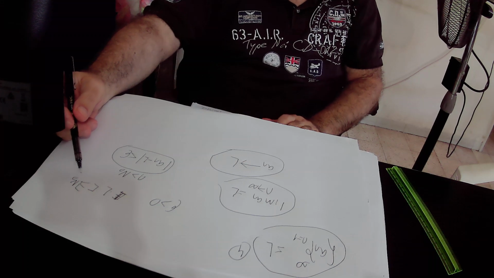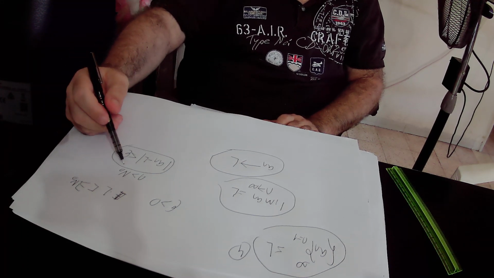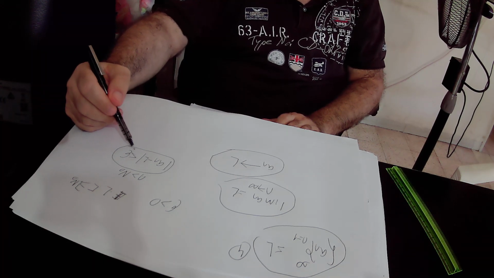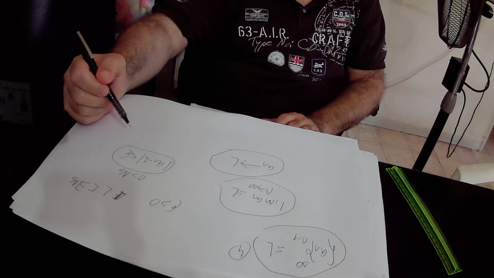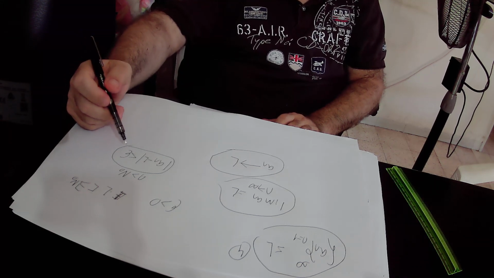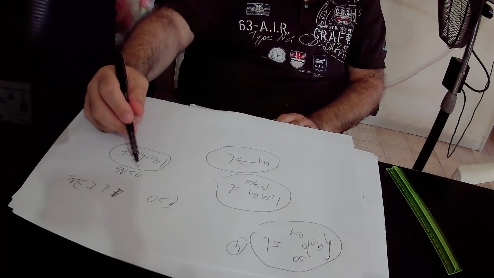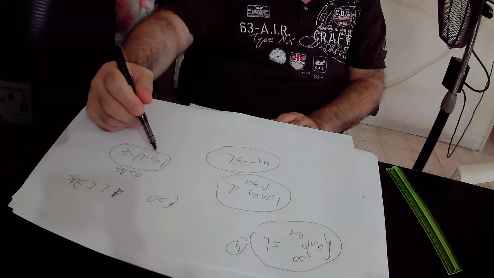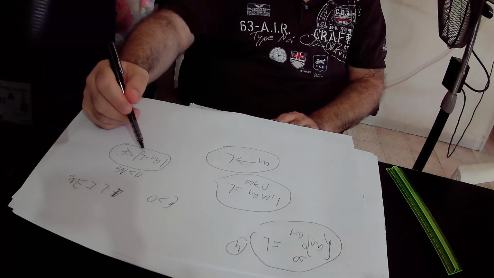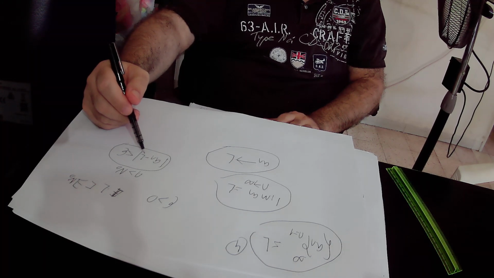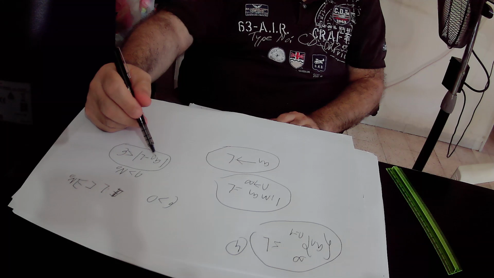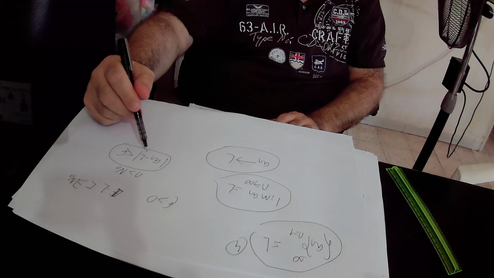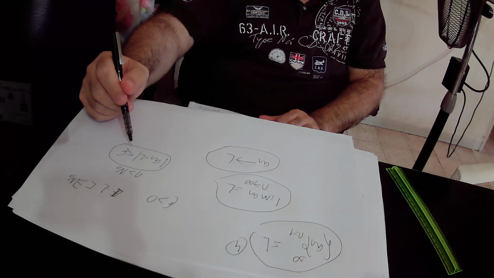So for all n that is greater than N0, we get that the absolute value of a_n minus L is less than epsilon. If n is greater than N0, then, L being the limit of the sequence and a_n a member of the sequence, the absolute value of a_n minus L is less than epsilon.